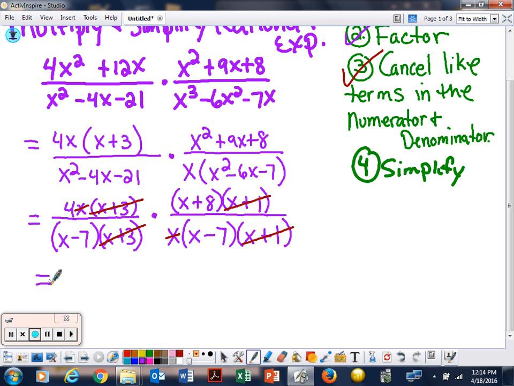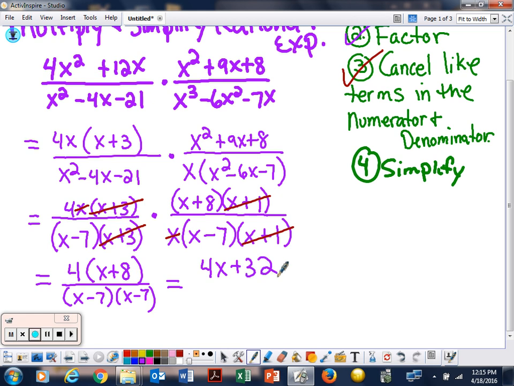So on top, what we have left is 4 times x plus 8 all over x minus 7 times x minus 7. Well, we should always simplify the numerator as much as possible. The denominator, you can leave that as is. So the top becomes 4x plus 32.